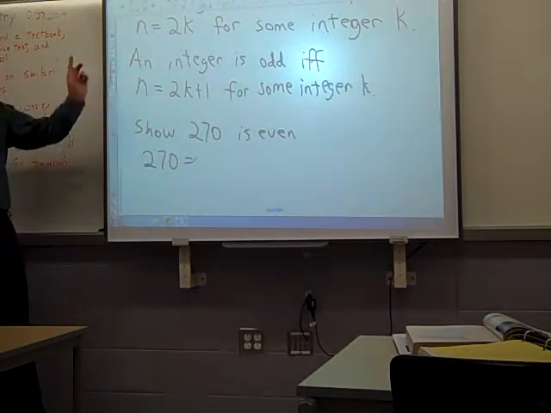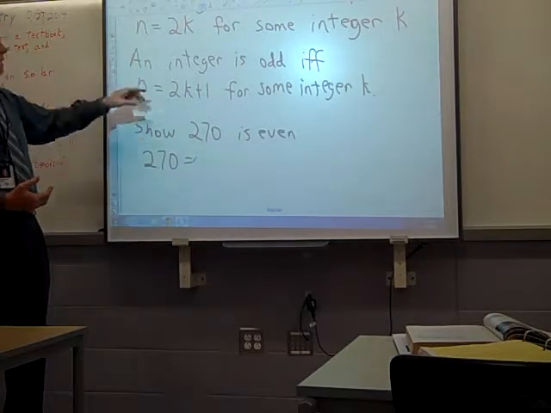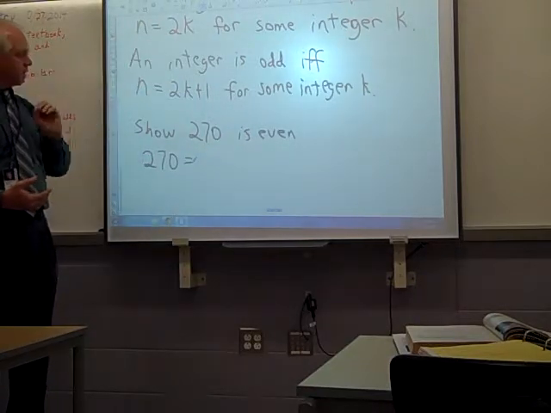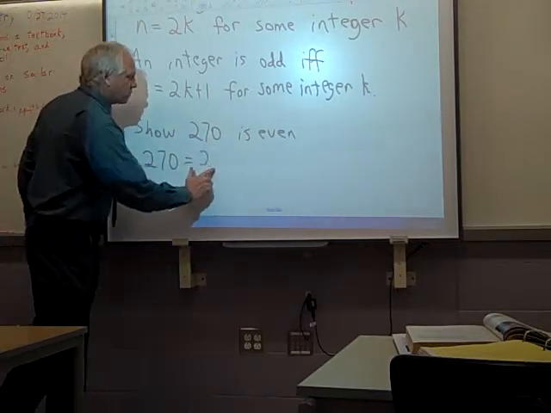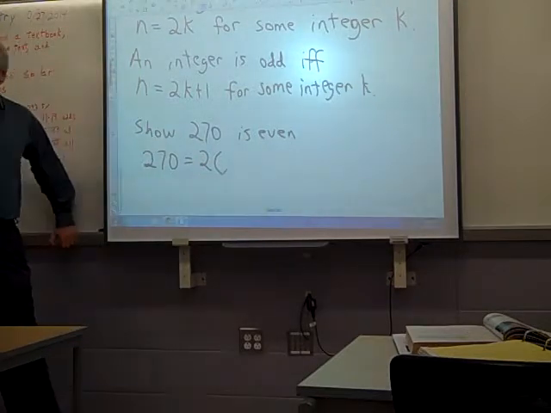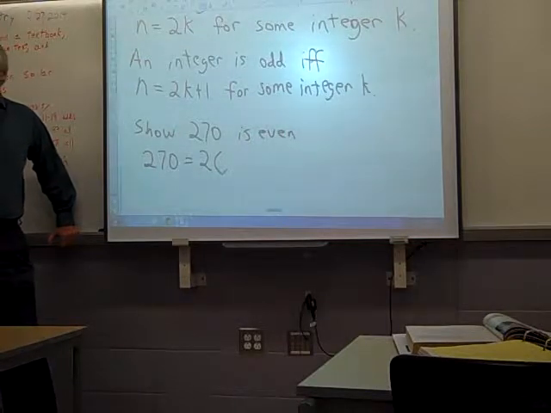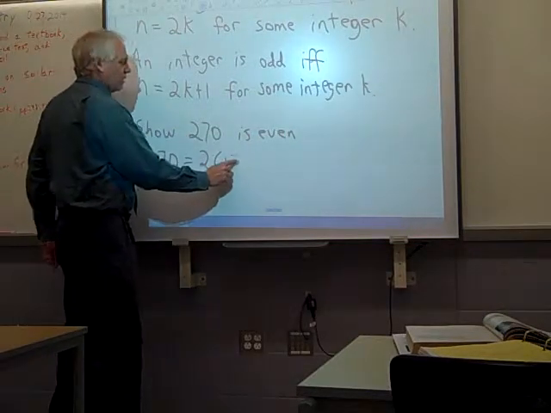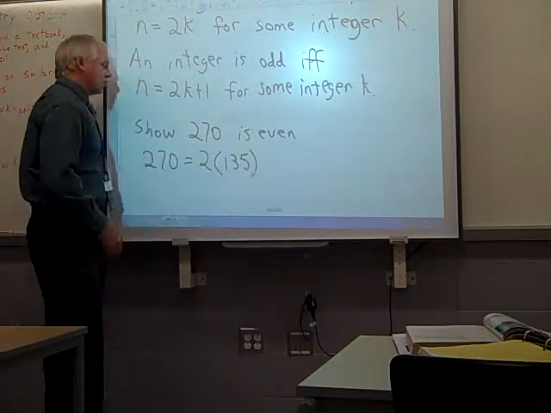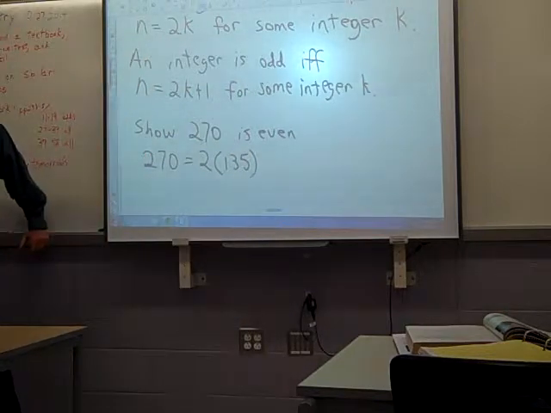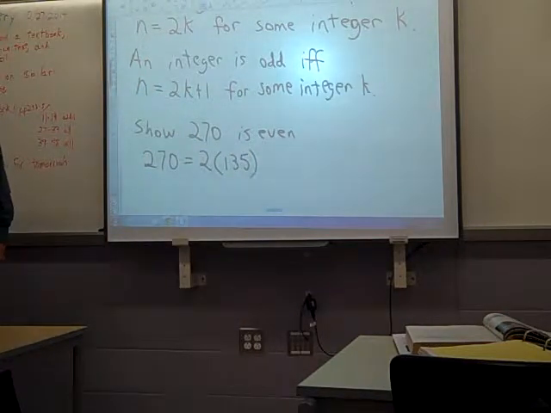I have to show that our n, which is 270, equals 2 times k for some integer k. 2 times what? 135. Okay. So 270 equals 2 times 135. All right.